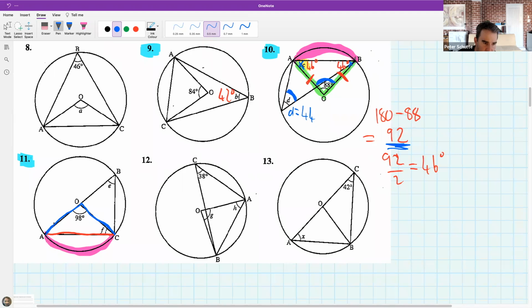And I think the angle at the circumference can be seen as E. So take a moment and ask yourself, if this is the angle at the center, what is the angle at the circumference going to be? So the arc AC is making that angle at the center, which is 98. What angle would it be at the circumference?